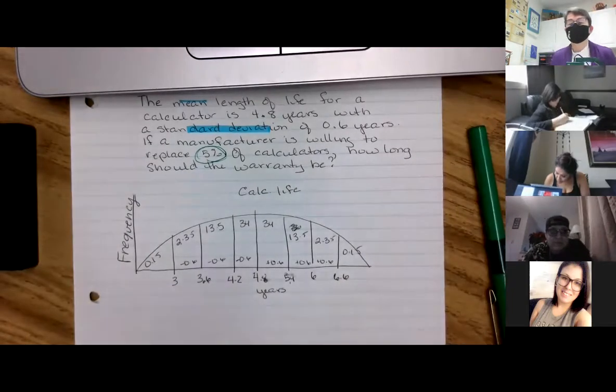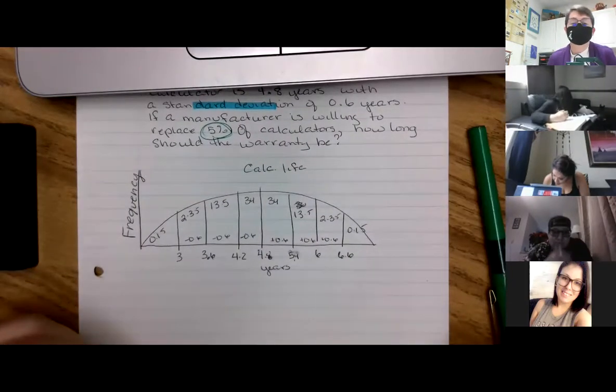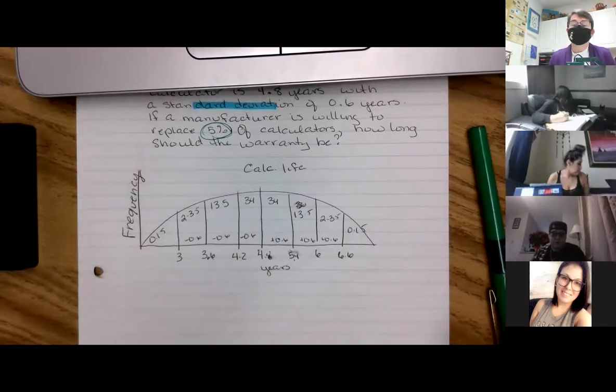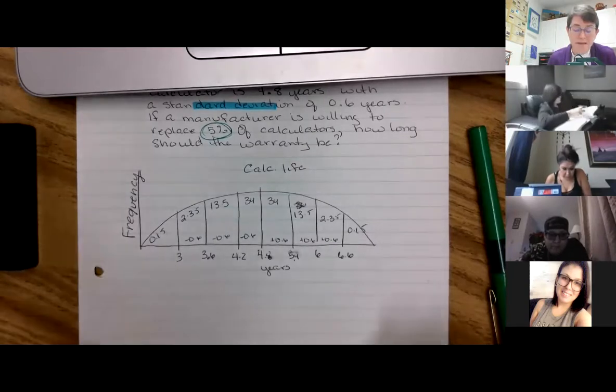Okay, so if this is a 10-mark question, right now I've probably got, I'm going to guess like 3 marks. So even if you're going, oh no, it's one of those warranty questions, I don't know how to do this, you can do this. The next thing we want to do is figure out where the 5% is.